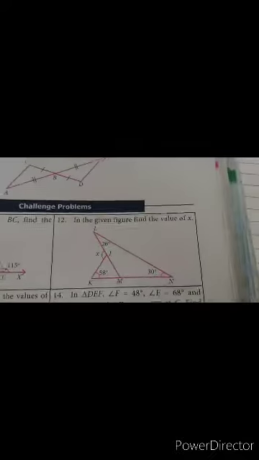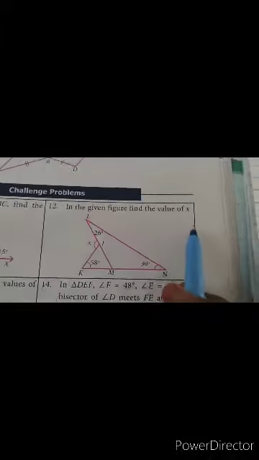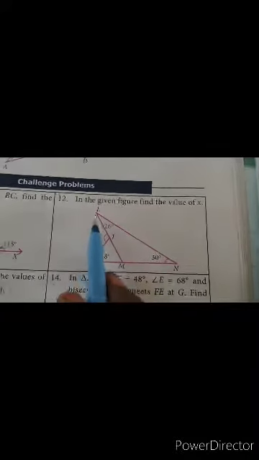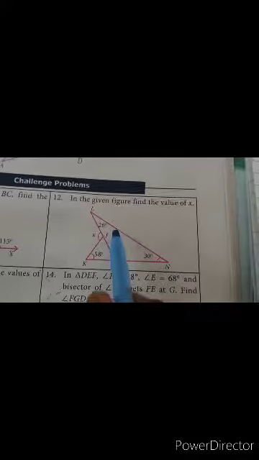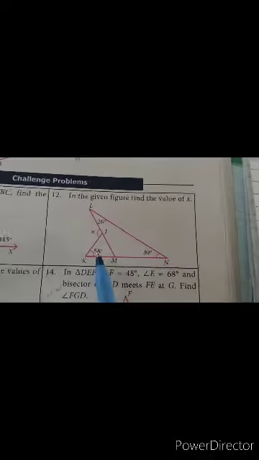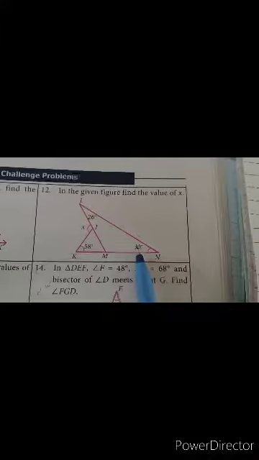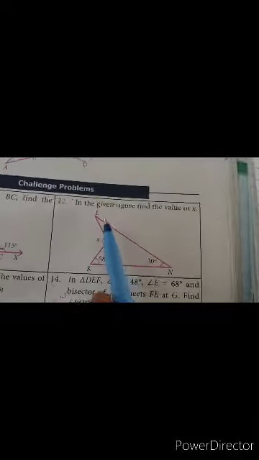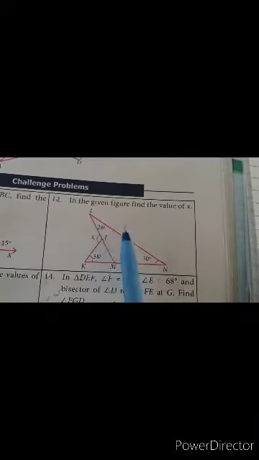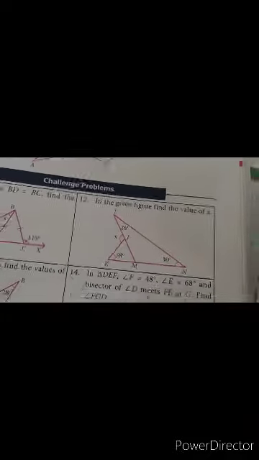Let's move to question number 12 in the book. In the given figure, find the value of x. So angles L, M, N, K. In this, angle K is 58 degrees, angle N is 30 degrees, and angle L is 26 degrees. Here you are going to find the value of x.